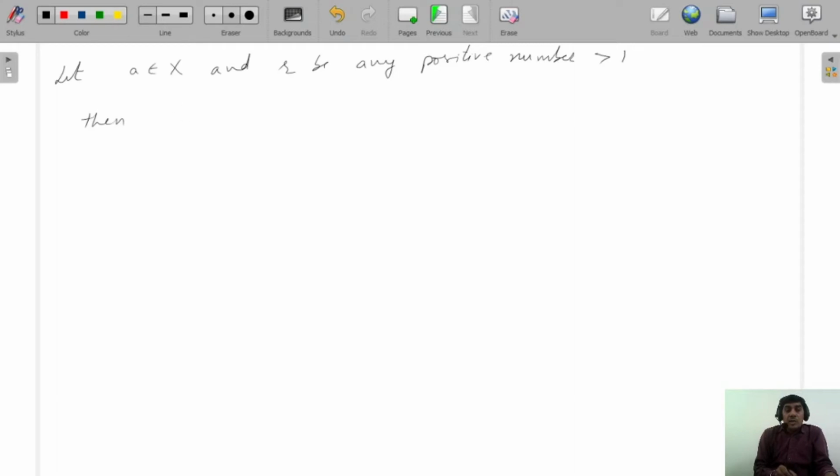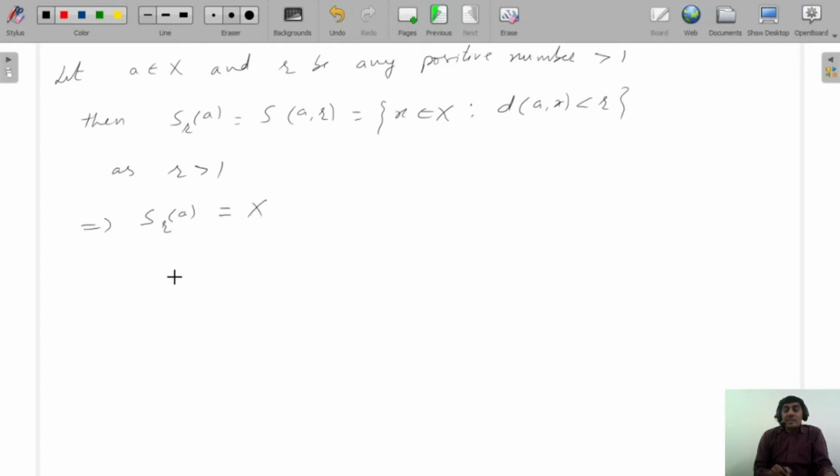Then the sphere centered at a with radius R is equal to the set of x belonging to capital X such that the distance between a and x is less than R. As R is greater than 1, this implies the sphere centered at a with radius R is equal to capital X, because all the points of capital X lie in the sphere S_R(a).